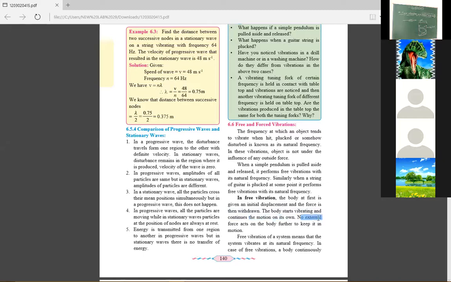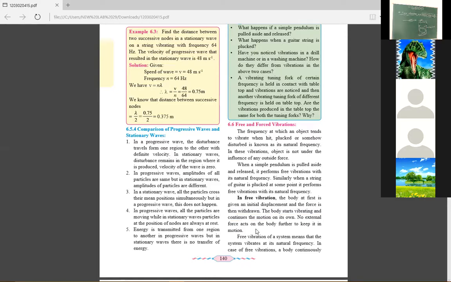No external force acts on the body further to keep it in motion. So these types of motions are called free vibrations. As I told you in the example of the simple pendulum, we apply force initially, then remove the hand, and it keeps moving continuously with its natural frequency.